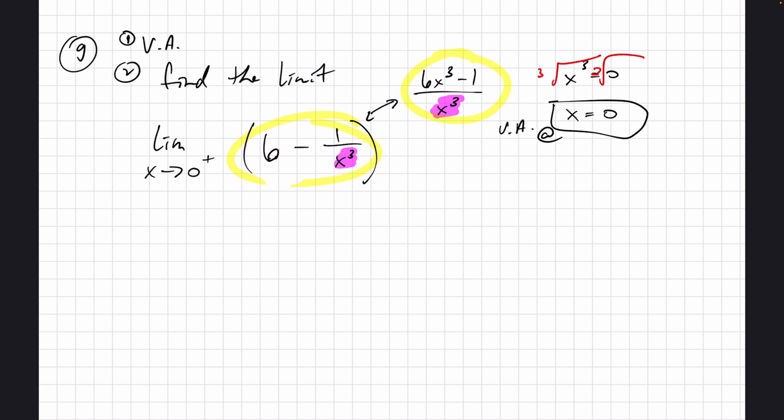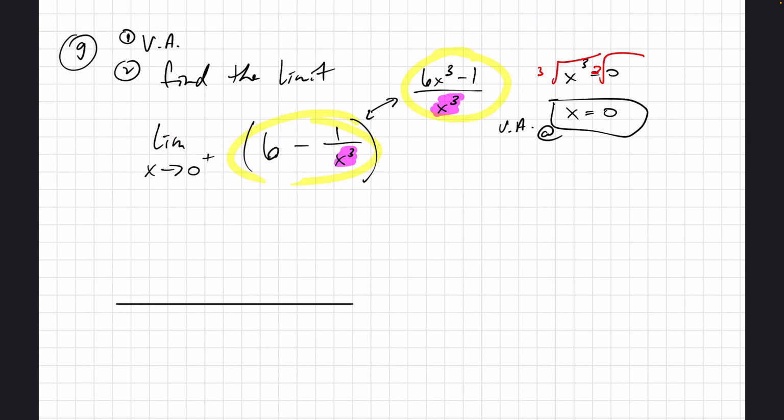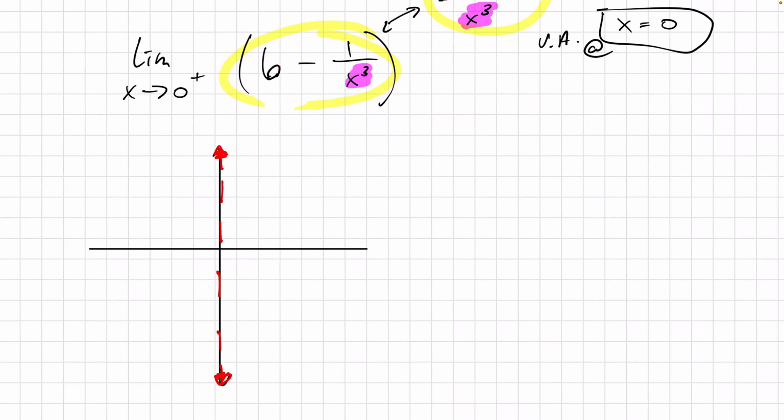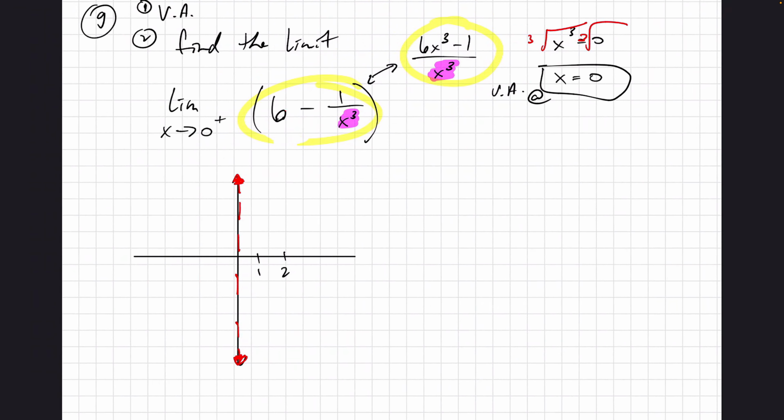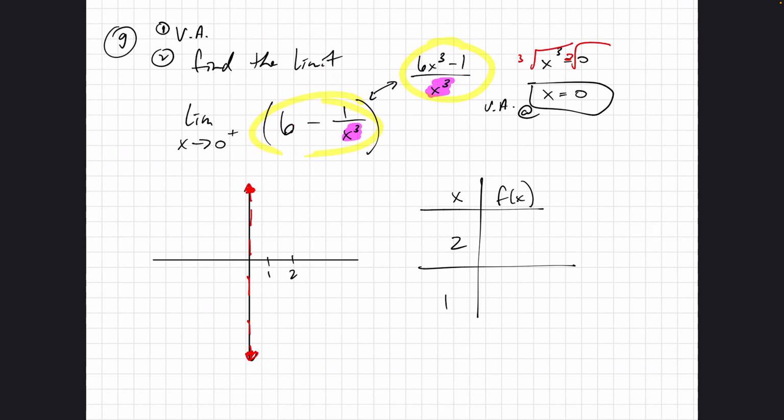So we have to figure out what's happening to the right of 0. If there's a vertical asymptote at 0, it's going to go along the y-axis. All right, so then we go 1, 2, and see what is going on here. Again, you don't have to use both. You can use one or the other.